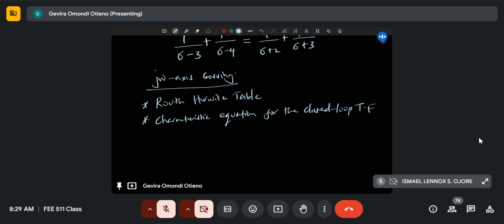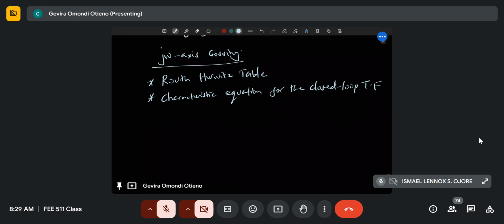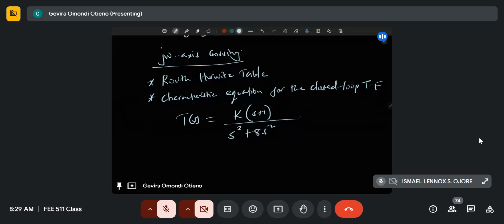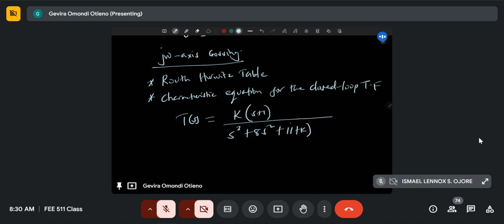So for example, in your notes, we are going to do a typical example. Let's say this is just an arbitrary transfer function, s plus 1 over s cubed plus 8s squared plus, let me make it more interesting, (11 plus k)s plus 8k. I'm not even sure if it works, but I'm only giving you an illustration.